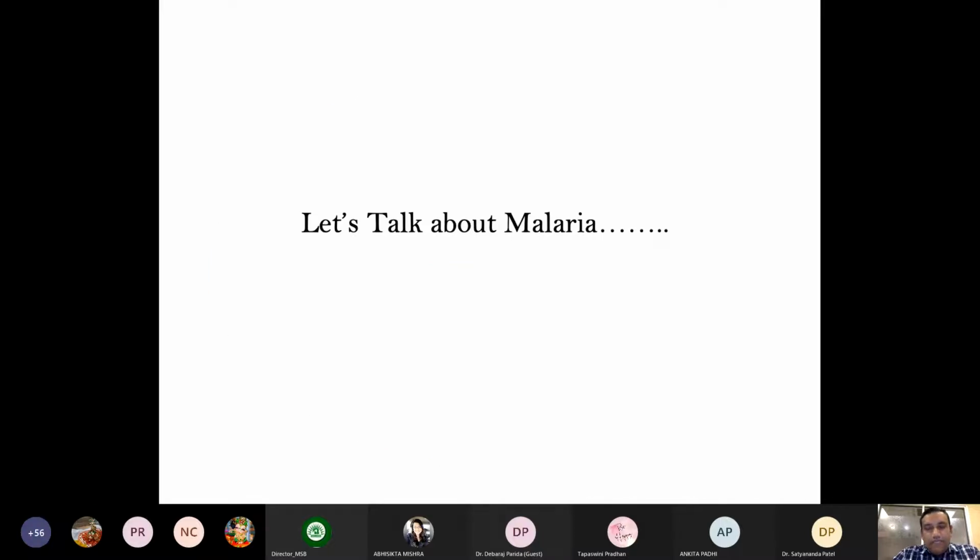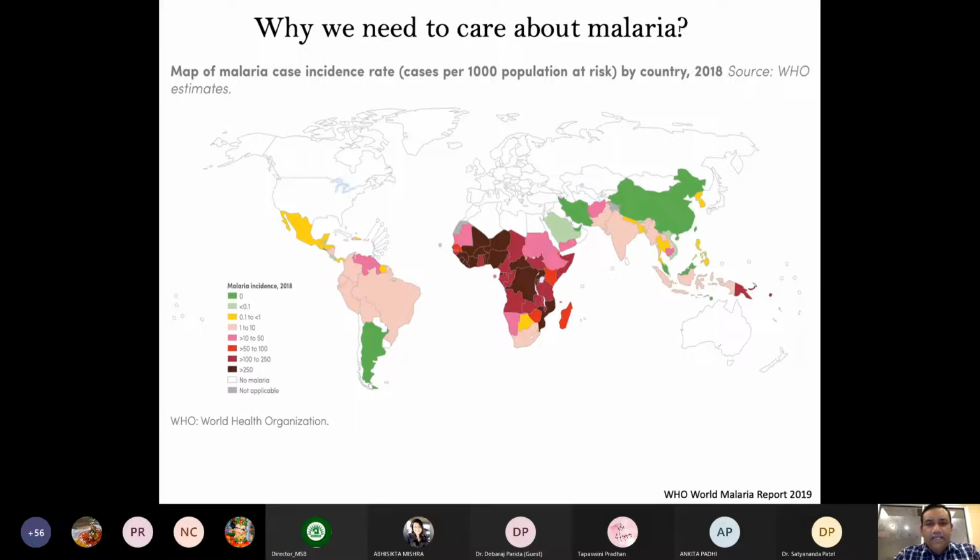So I gave you a brief background on vaccines, how they evolved, and what the different kinds are. Now let's talk a little bit about malaria, because that's the topic I'm going to focus on more. Just to give you an idea why malaria is important, this map shows the cases of malaria, and I summarize it in three points.